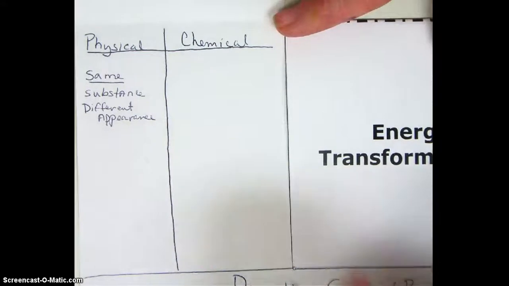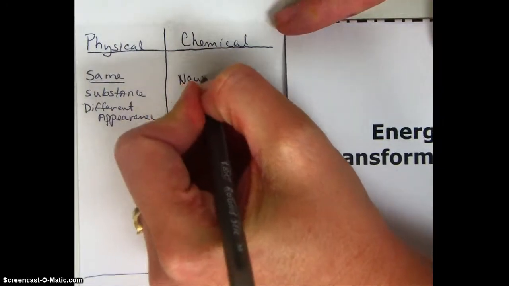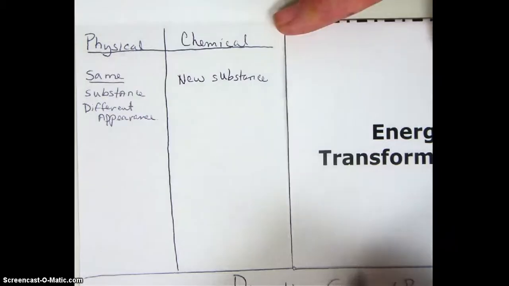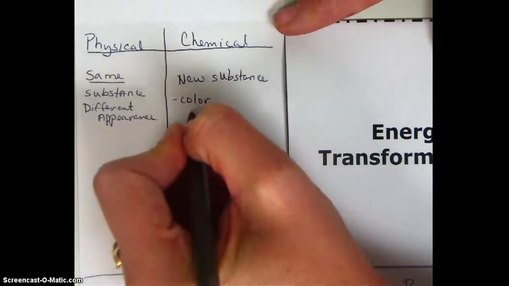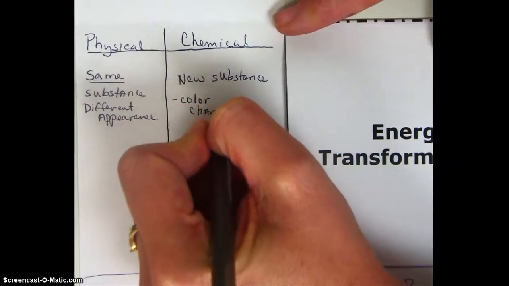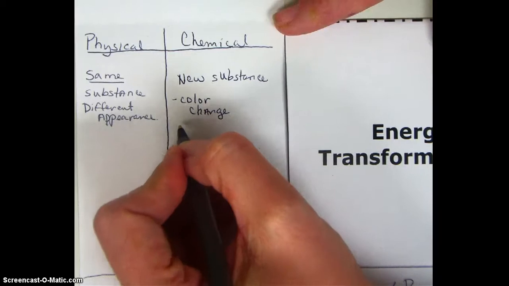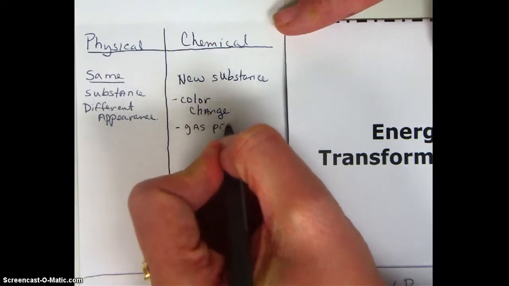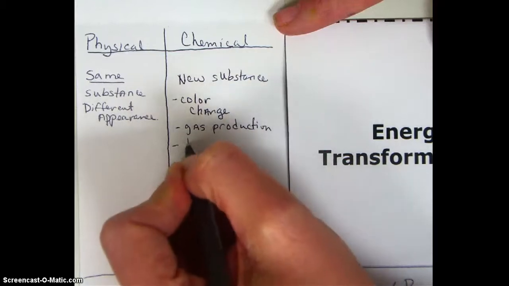Then on chemical, you will have a new substance. What might let you know is a color change, or gas production, bubbles, or a temperature change.